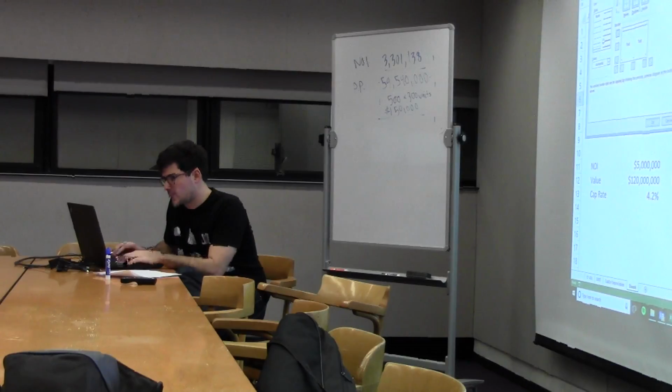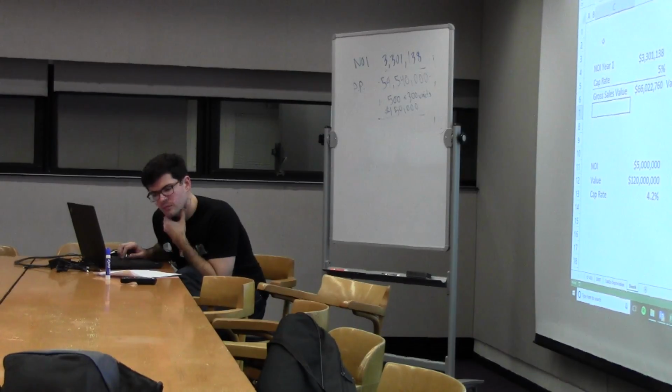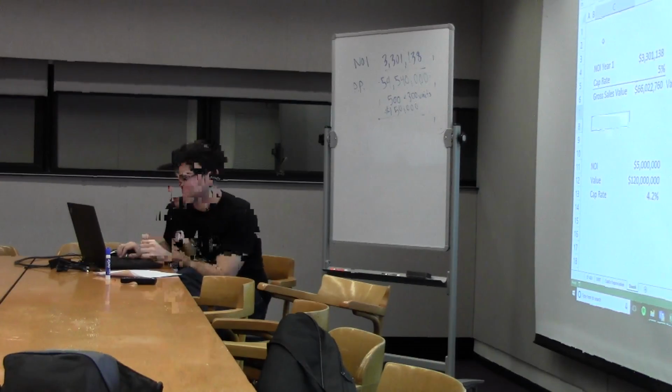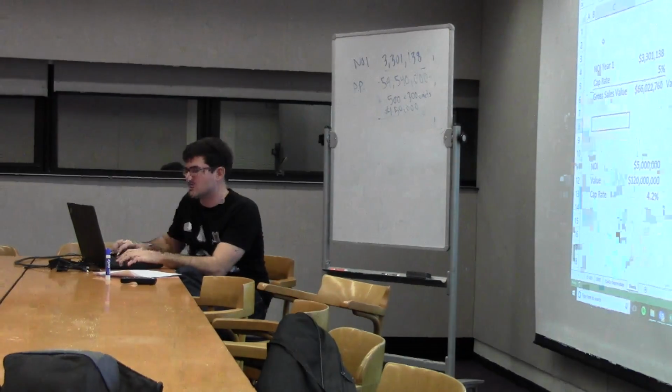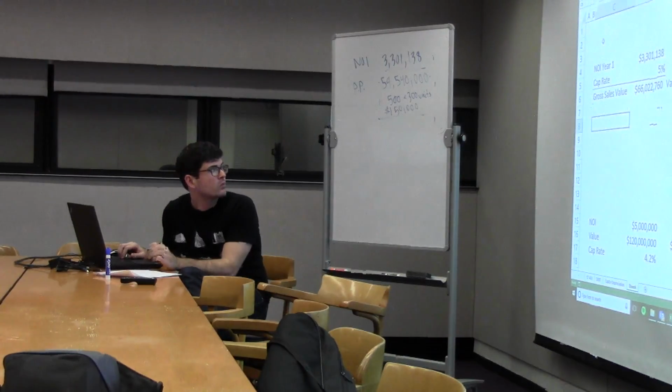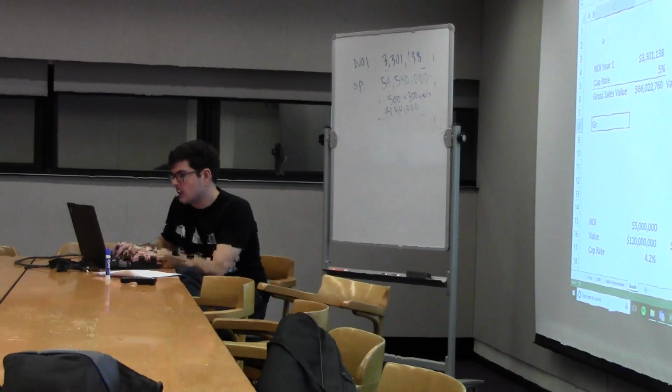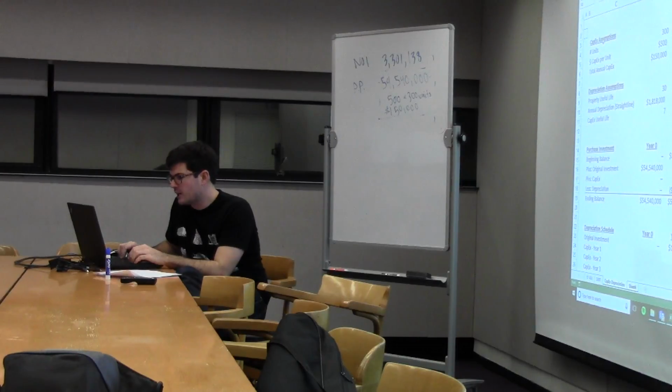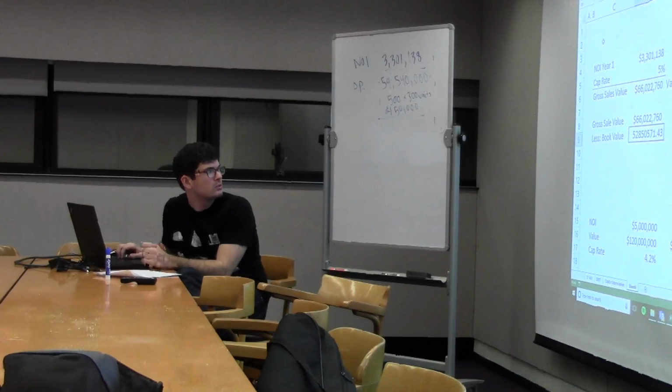Okay. We're not taking into account taxes. But if we were, this is how you would deal with it, right? So, gross sale value less book value. Our book value at the end of year 1 was, as we calculated here, 52, right?